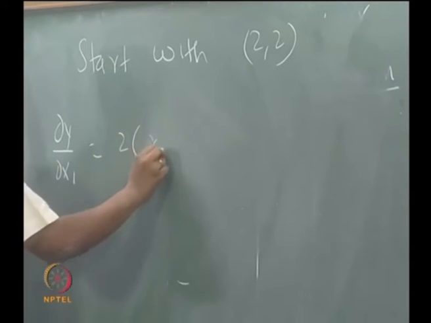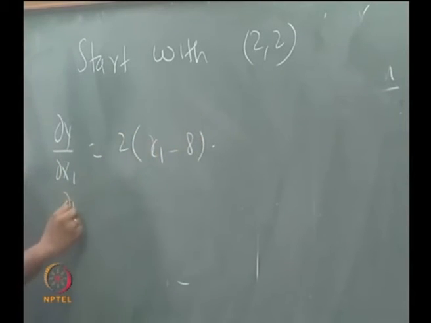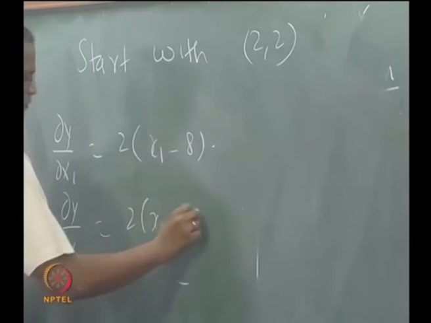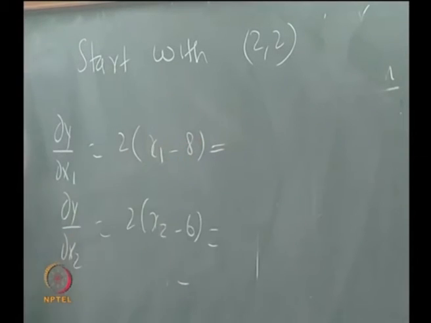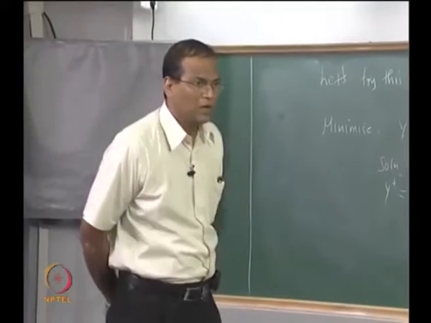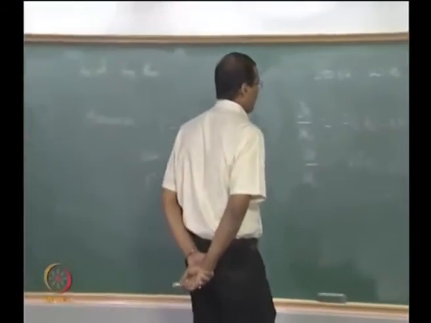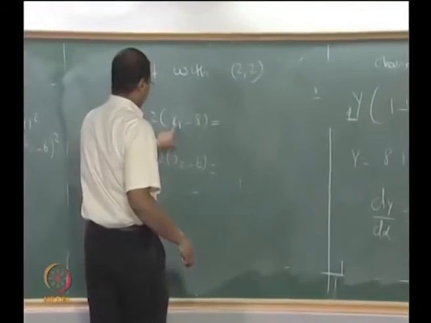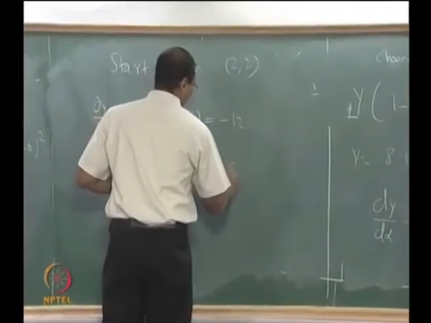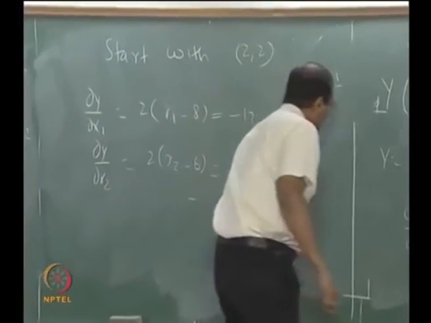We can get dy by dx1, what is it? What are these now at the initial guess value? Minus 12, minus 12, minus 8. Okay, very good.